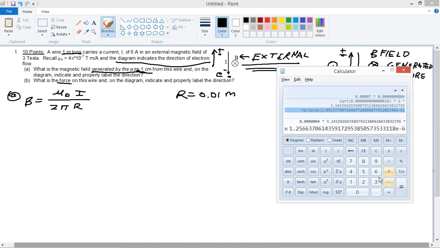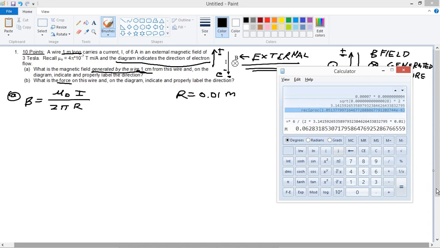Current flowing through the wire is 6 amps, divided by, be sure and enclose the denominator in parentheses, 2 pi times 0.01 meters.